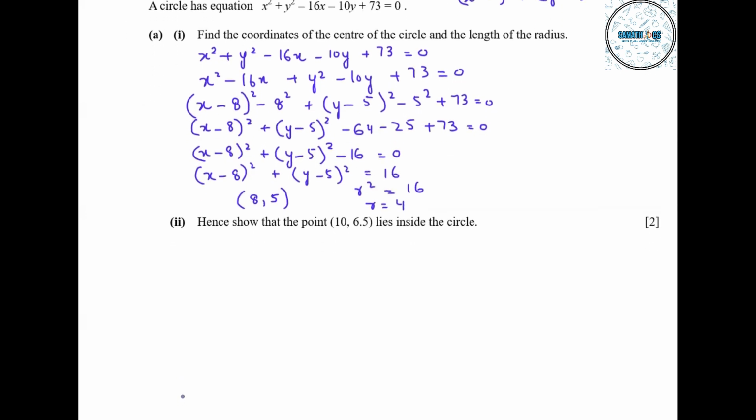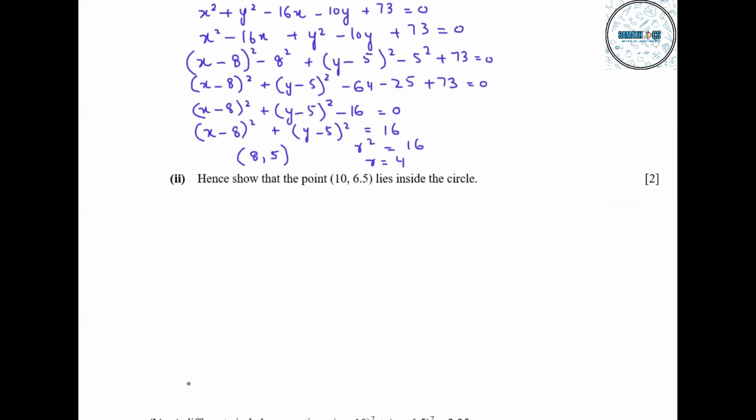Then hence show that the point 10, 6.5 lies inside the circle. For this, we need to find out the distance from center to this point, right? So 10, 6.5 and 8, 5. So we will find out the distance using distance formula.